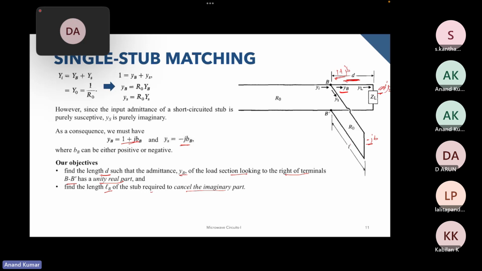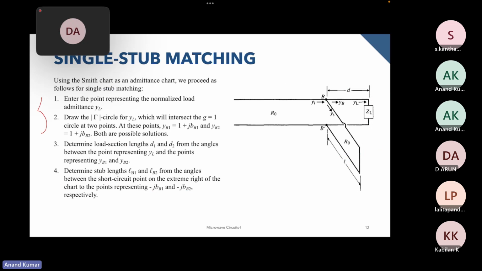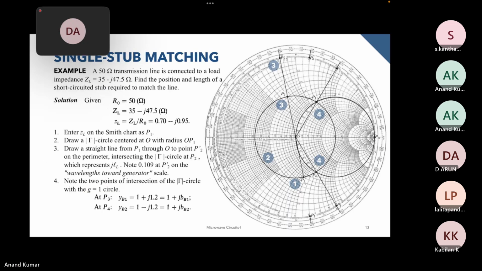Next is to find this L such that its admittance cancels the admittance of the load as seen over here. To do that, we have these steps listed over here, which we discussed in the last class using the example. So let's quickly look at the example.